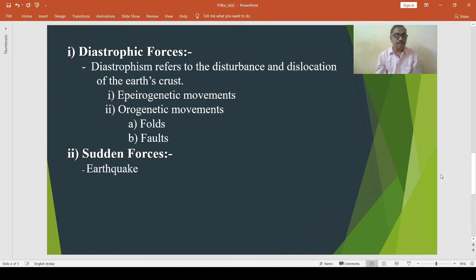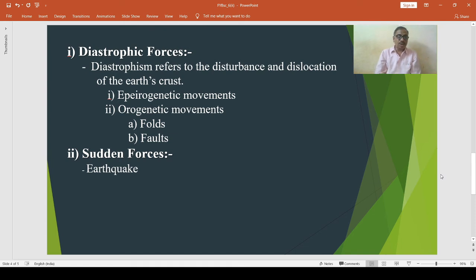Tensional or compressional forces produce a number of faults that may lie parallel to one another or may make an angle of various degrees with each other. Landforms associated with faulting are horst or block mountains and rift valleys.